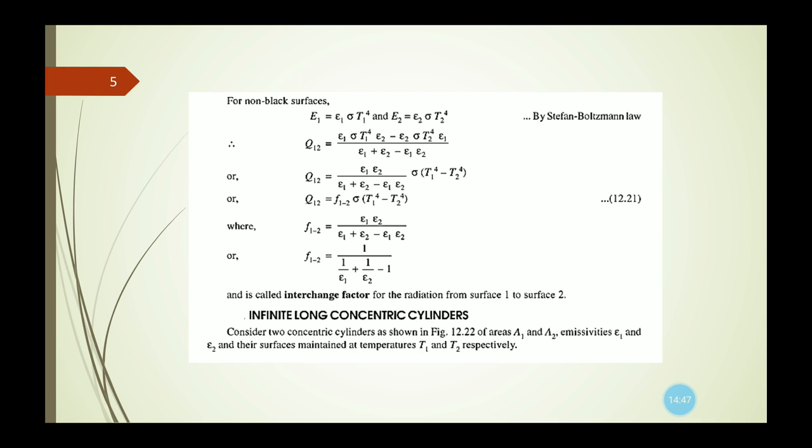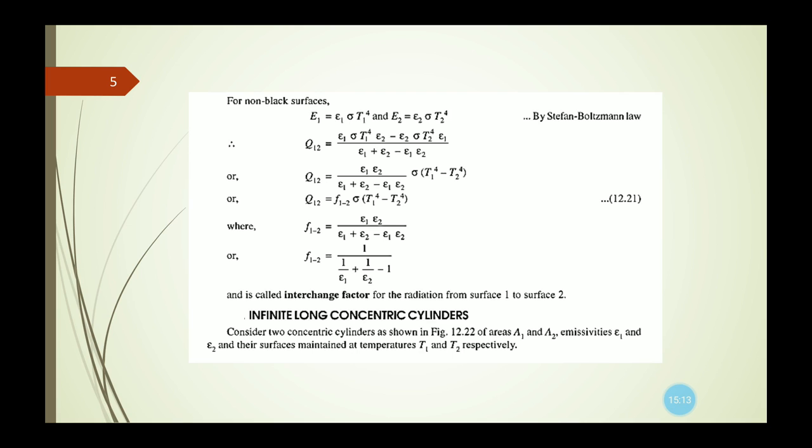This is actually the formula, which is epsilon 1 epsilon 2 divided by epsilon 1 plus epsilon 2 minus epsilon 1 epsilon 2, which is actually 1 by (1 by epsilon 1 plus 1 by epsilon 2 minus 1). So this is the formula for the interchange factor for the radiation from surface 1 to surface 2.